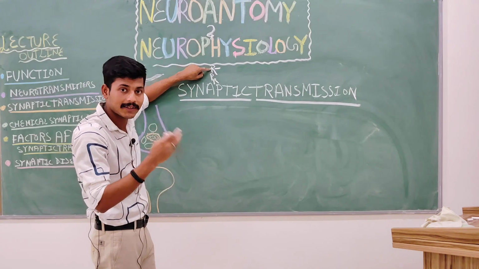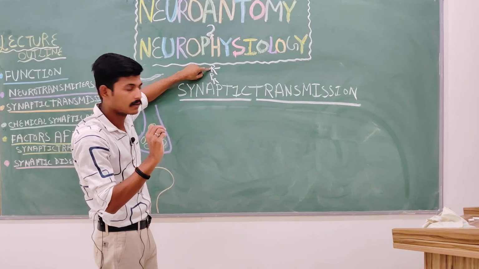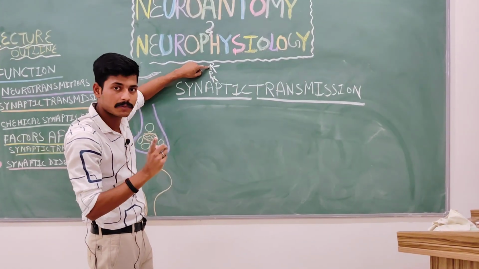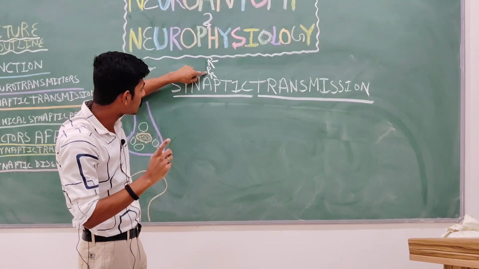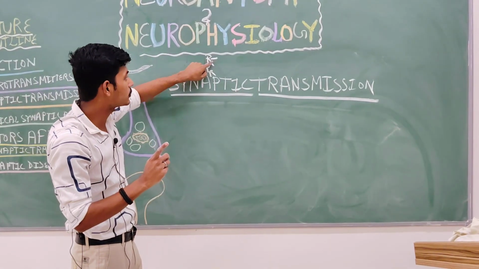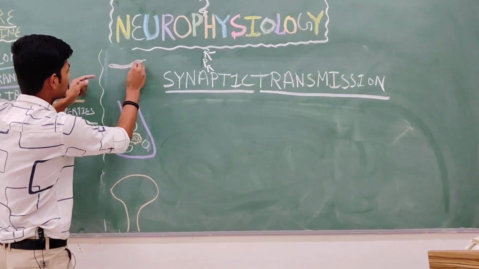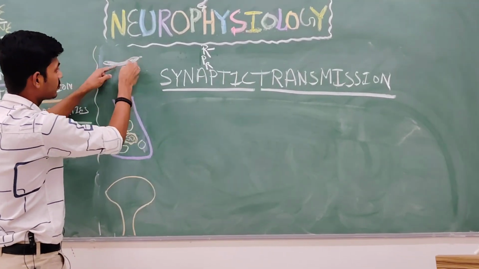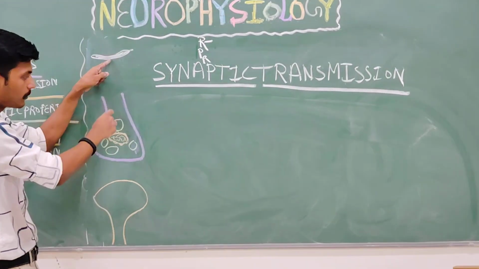For functioning accurately, the central nervous system should work on these three principles. First, it should receive the information, and here it is receiving the information from the gland.